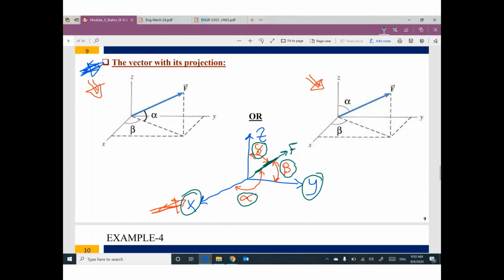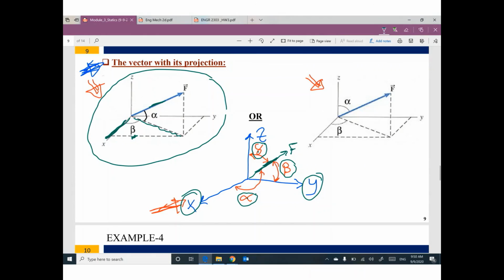But in this case, can you look to this one? We have 2 angles, alpha and beta. Okay, the first one, what is the angle alpha? Between what? Between the force and what? Wow. Between another line, it's not x-axis or y-axis or even z-axis. Beta between x-axis, good, and what?